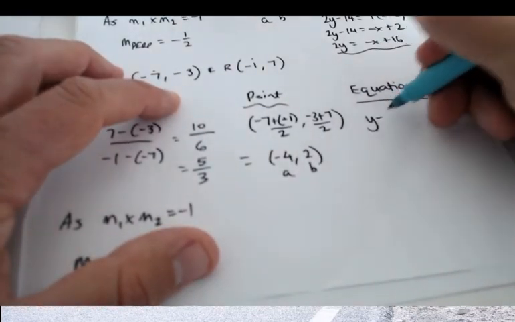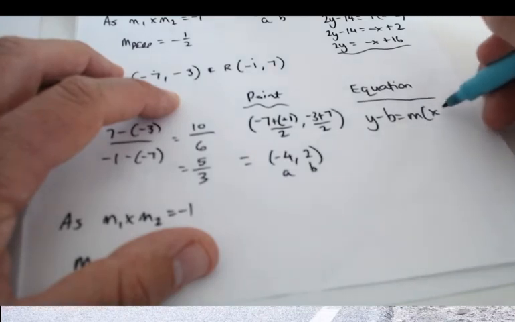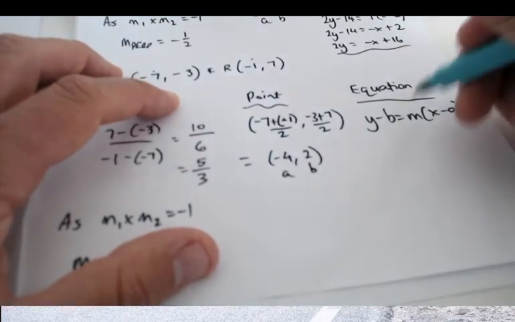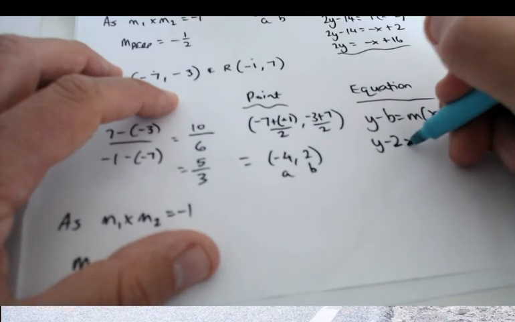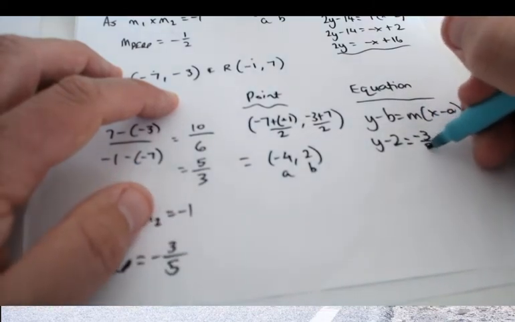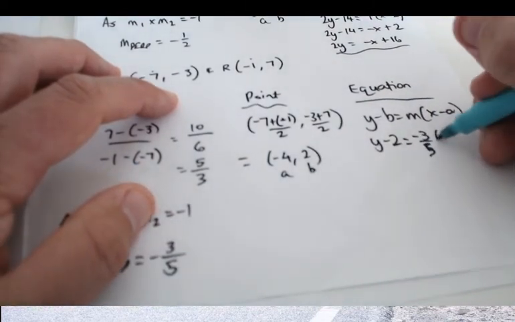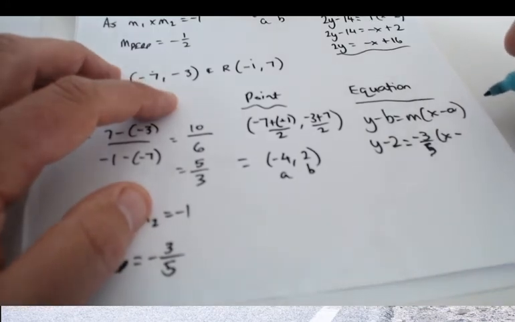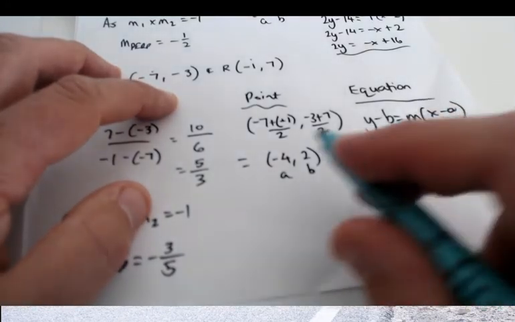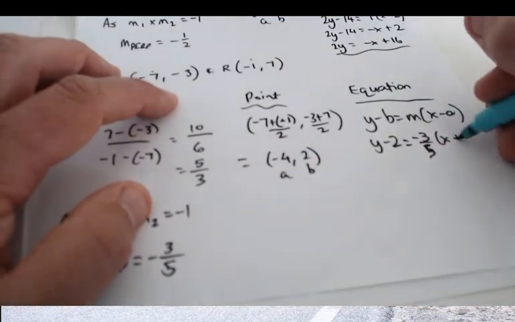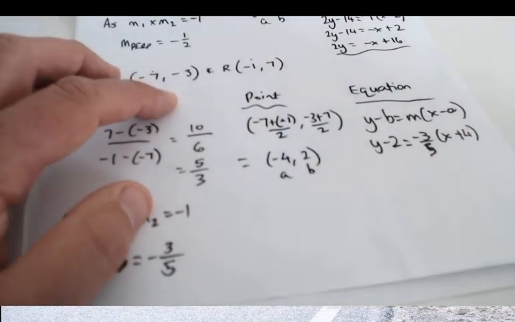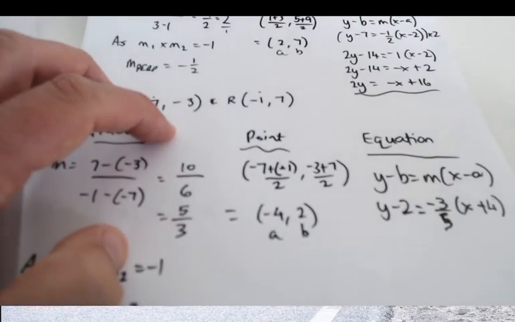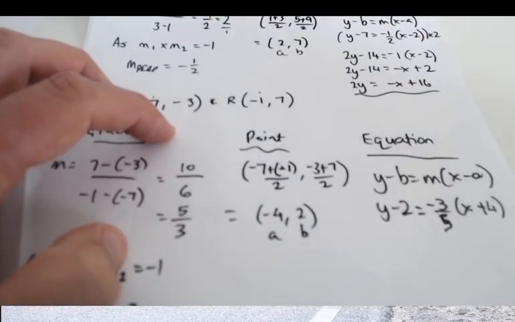That's going to give me y minus b equals m bracket x minus a. You're going to get y take away 2 equals minus 3/5 (x take away... Now, I'm going to skip a little step here. I'm going to go x take away negative 4. I'm just going to jump to x add 4. Don't tell your teachers. They'll be cross.